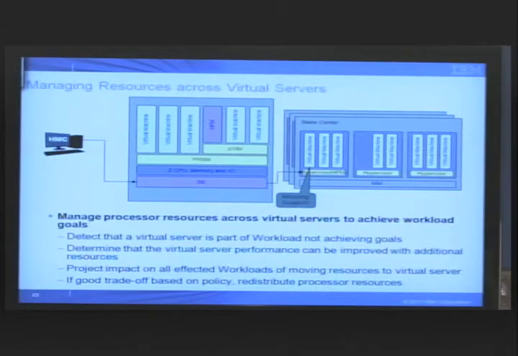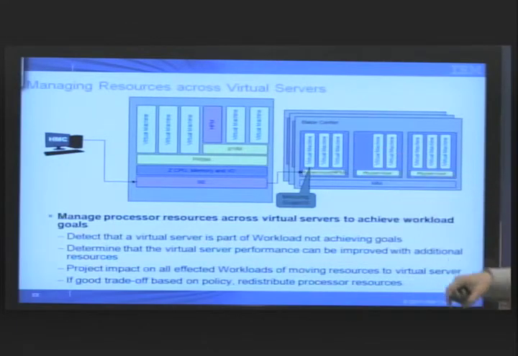We can do this today for the Power Blades and z/VM. Basically, we have these goals in the policy assigned to the workload. We monitor all those service classes to see if one isn't achieving its goals. If we find one that's not, we figure out what virtual servers are part of it and whether they're having performance problems.